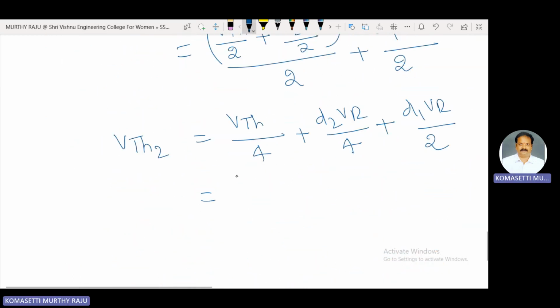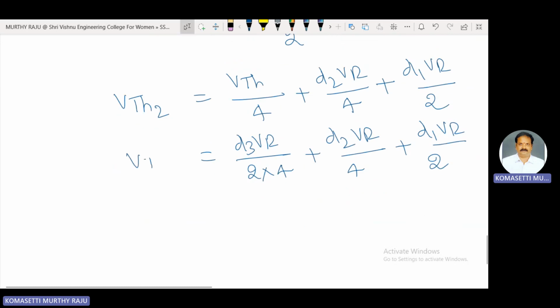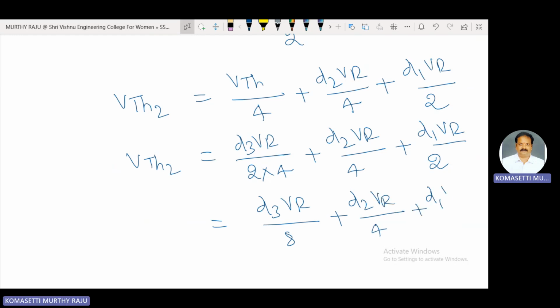VTH is equal to D3 VR by 2 into 4, plus D2 VR by 4, plus D1 VR by 2. Therefore, VTH2 is equal to D3 VR by 8 plus D2 VR by 4 plus D1 VR by 2. This is the VTH2.